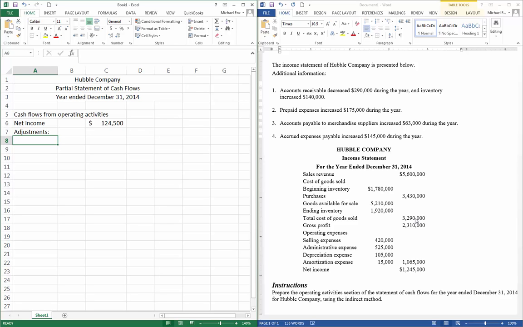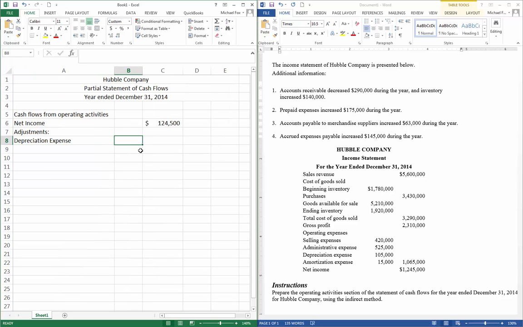They just tell you the cost of goods sold, but this one's giving you more detail. Anyway, we're looking for non-cash expenses. There's our depreciation expense. If you remember, the adjustment is that we add non-cash expenses back in. So depreciation expense, we're going to add that back in, which is $105,000.